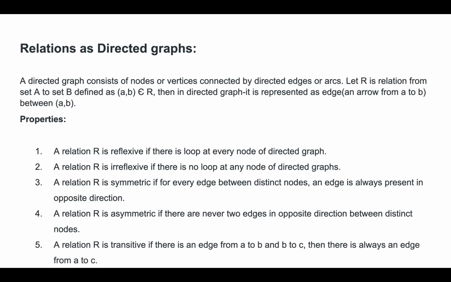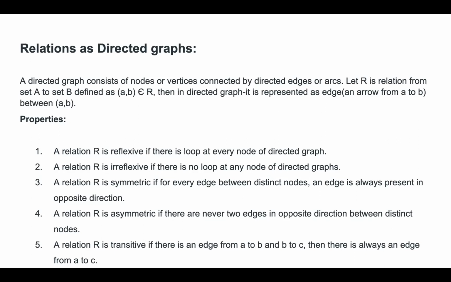Let R be a relation from set A to set B, defined as (a, b) belongs to R. Then in directed graph, it is represented as an edge, an arrow from A to B. Okay. Getting how the directed graphs are given?